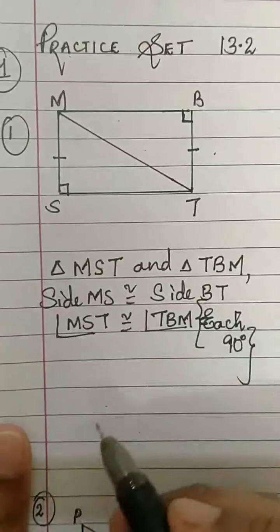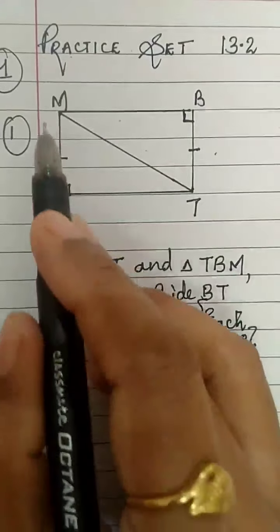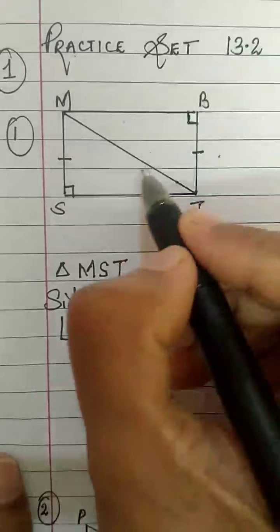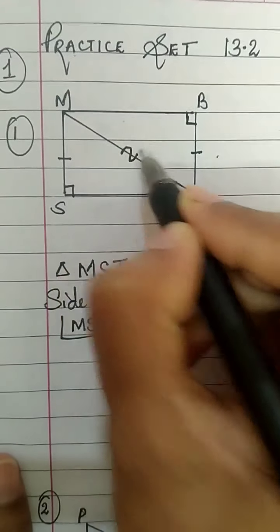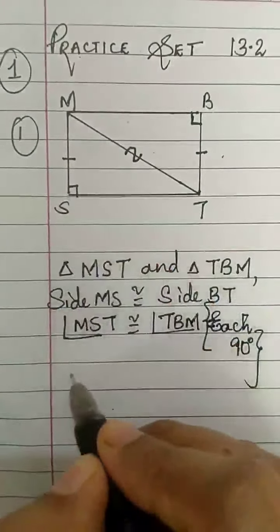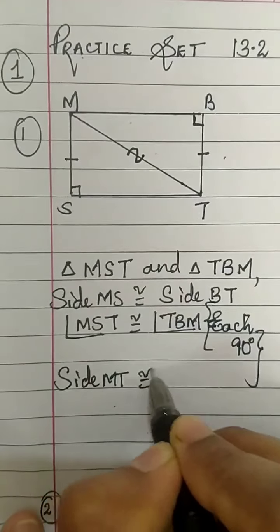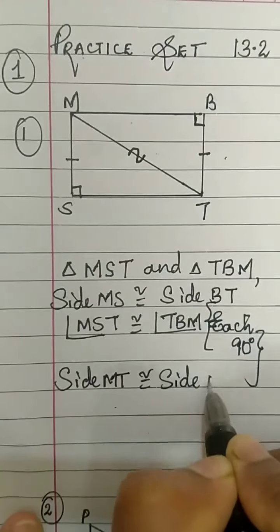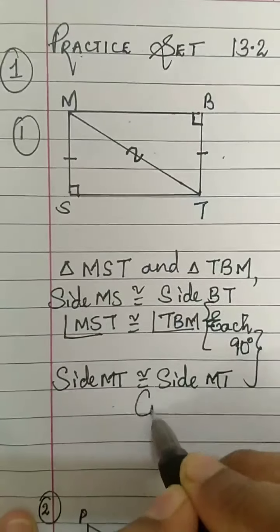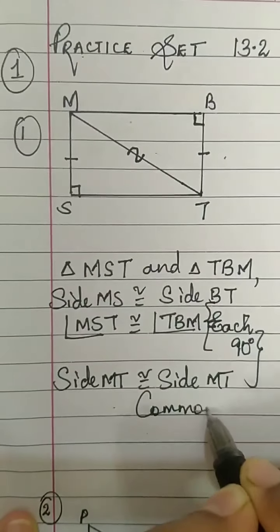Then we need three parts. The third part you can see is the common side, this mark you can put. So side MT congruent to side MT. Reason: common side. So you got three things.